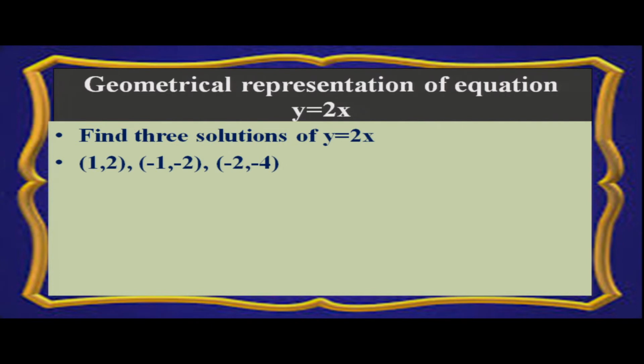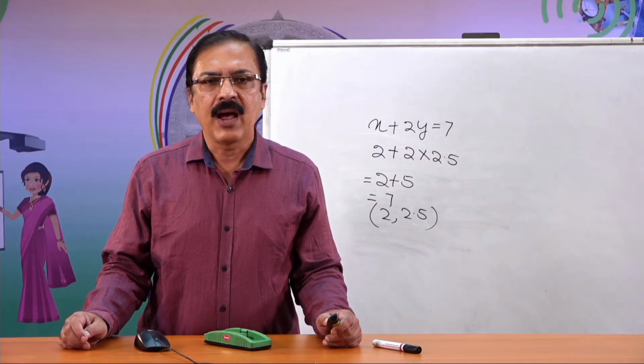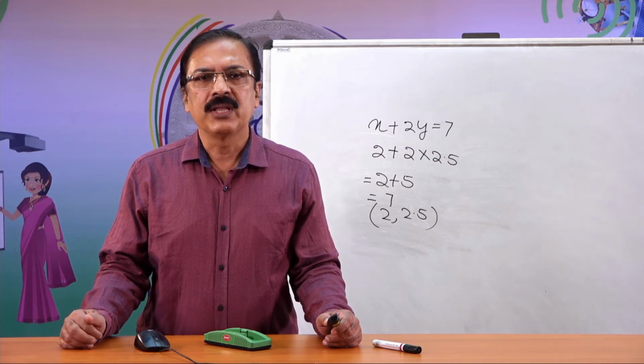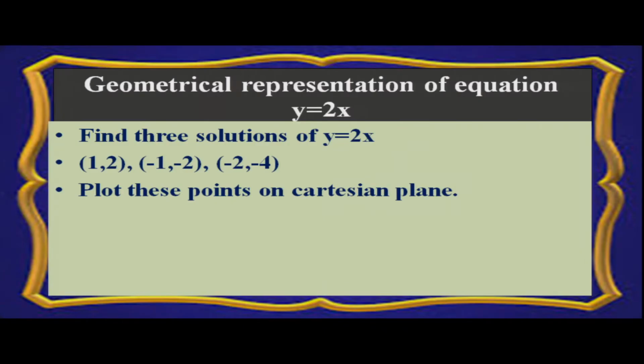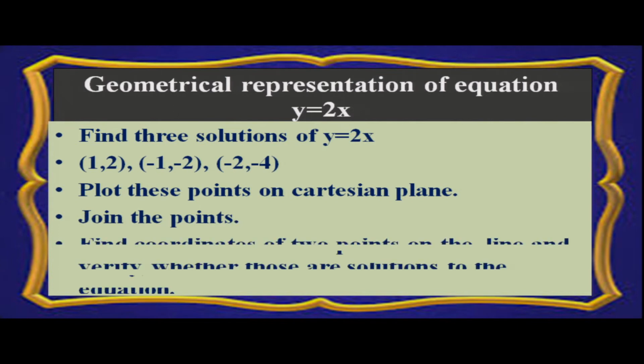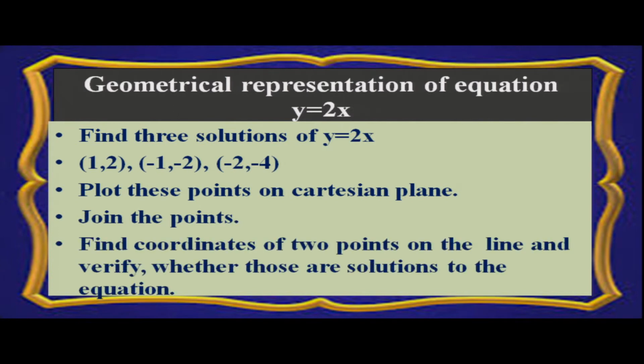And if the value of x is minus 2, then the value of y is minus 4. After getting the solutions, we can put these as points on the Cartesian plane and join the points, and then find coordinates of 2 points on the line and verify whether these are solutions to the equation or not.